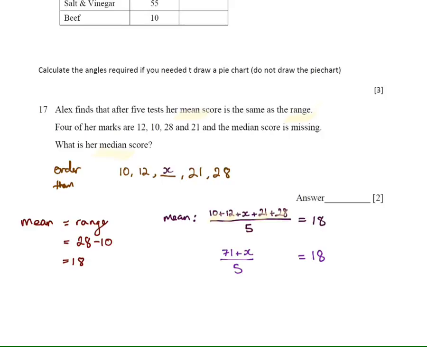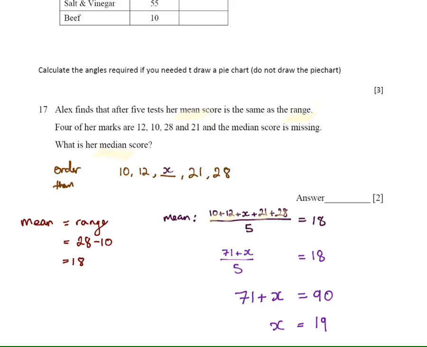So if 71 plus x divided by 5 is 18, what does 71 plus x have to be? Well, we could times both sides by 5, and 71 plus x, therefore, would have to be 90. This means that x must be 19.